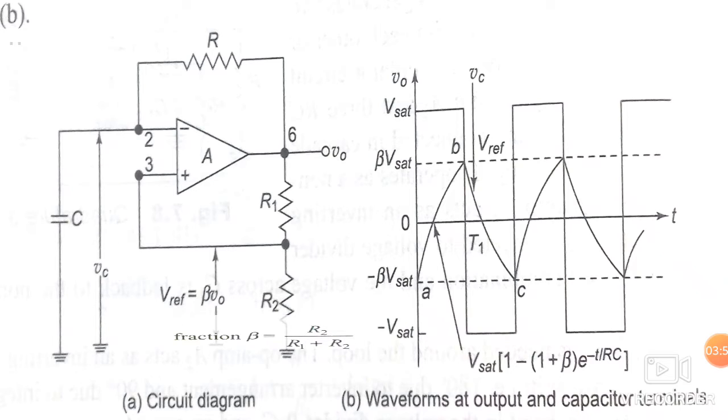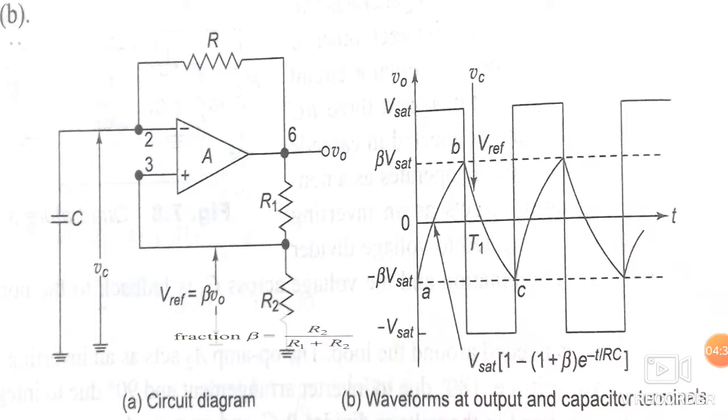Now when the output is plus Vsat, the capacitor will start charging through this resistor R with time constant R into C. Because the charging of a capacitor is exponential in nature, this is the charging path. So the capacitor will charge up to the maximum voltage occurring at V0, that is plus Vsat.